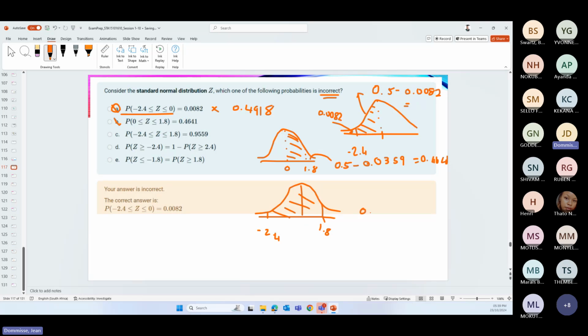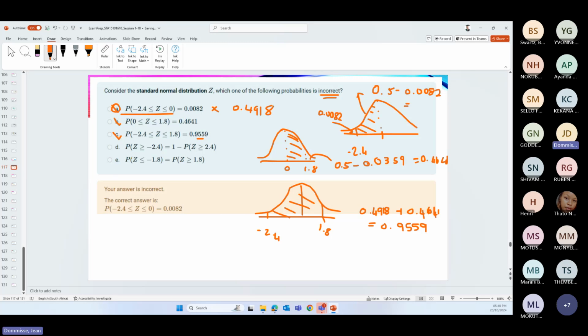So it is 0.4918 plus 0.4641, which is 0.9559. So we have it.